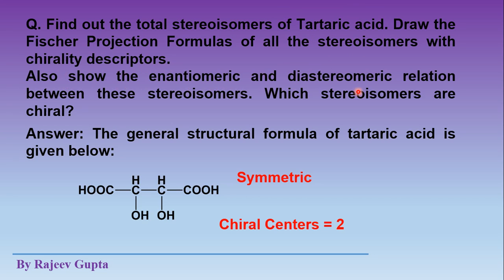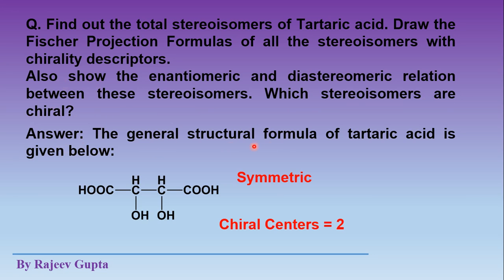Also show the enantiomeric and diastereomeric relation between these stereoisomers. Which stereoisomers are enantiomers to each other, which stereoisomers have a diastereomeric relation between each other, that we have to show. Which are chiral and achiral, that we will show using symmetry criteria.